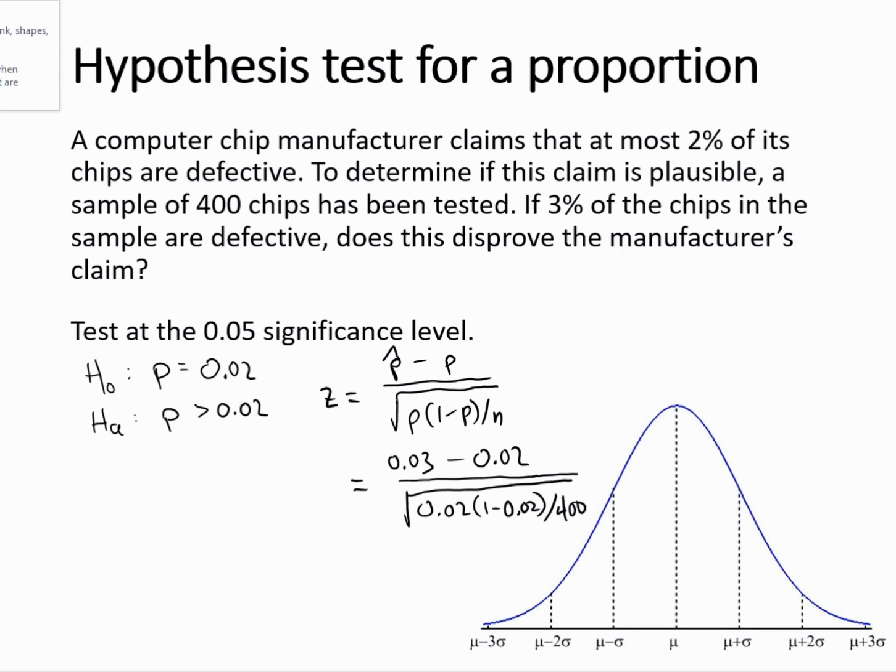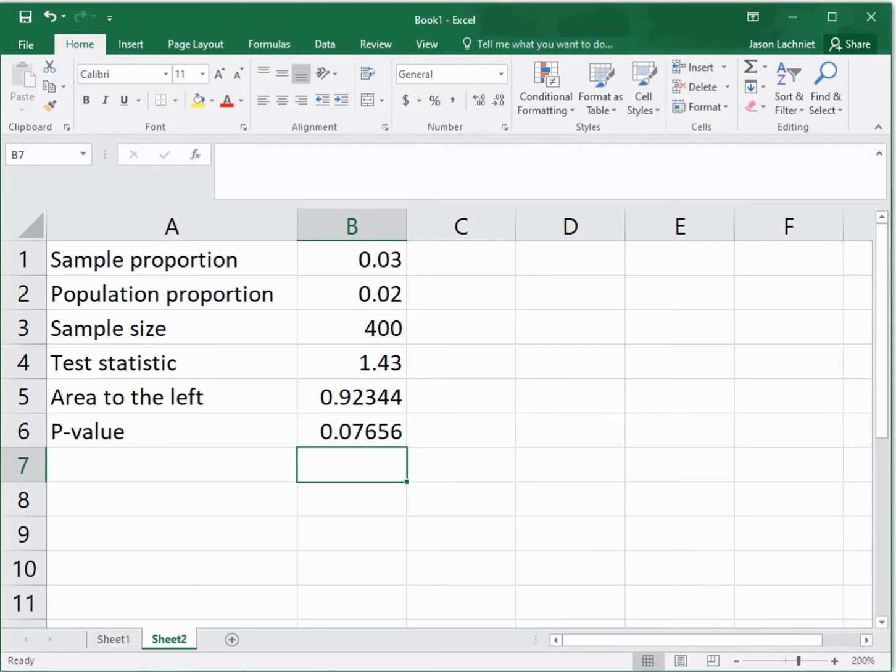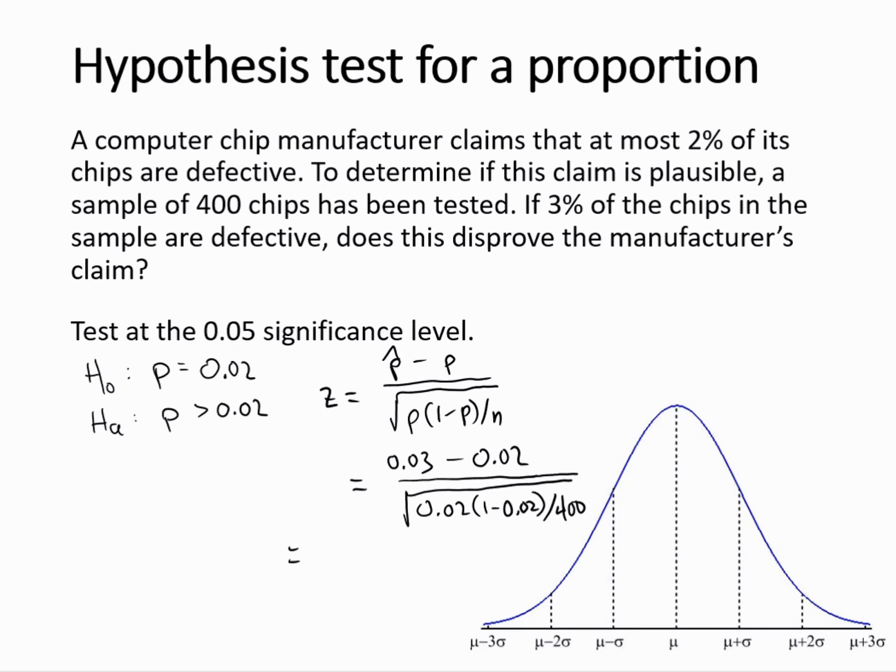So what have we got? We've got a test statistic, which was 1.43. I want to think about on our normal distribution where that puts us. Not quite 1.5 standard deviations above the mean.